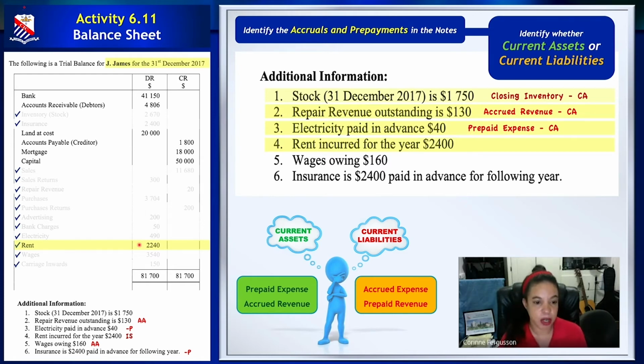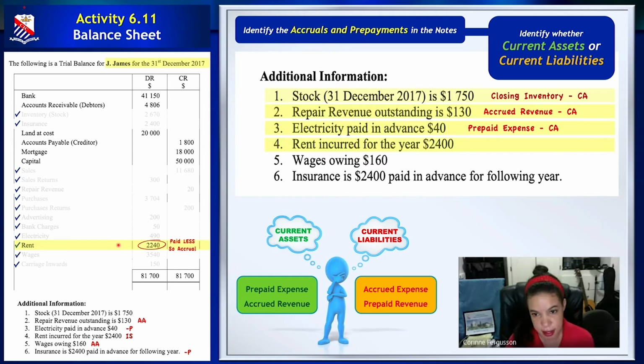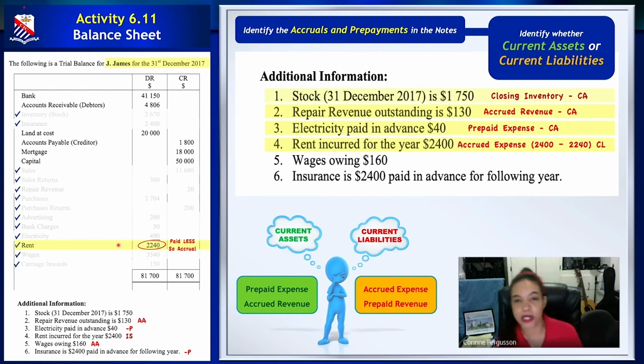So if the amount paid was 2240, yet our notes tell us that the amount incurred was 2400, that means that we actually ended up paying less than was incurred. And when you pay less, it means you are still owing, which is an accrual. So what we have there is an accrual, an accrued expense. How do we know it's an expense? Because it was incurred.